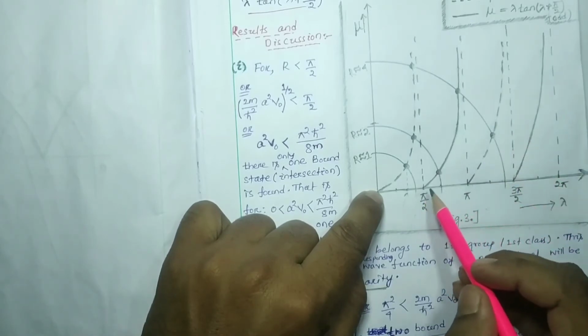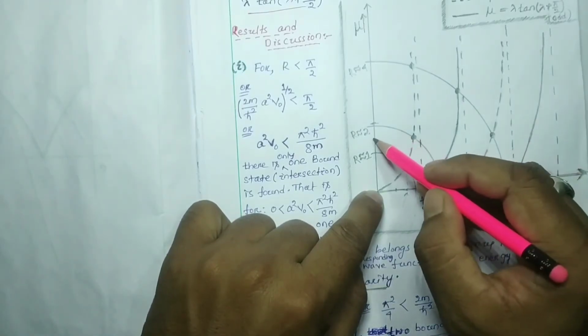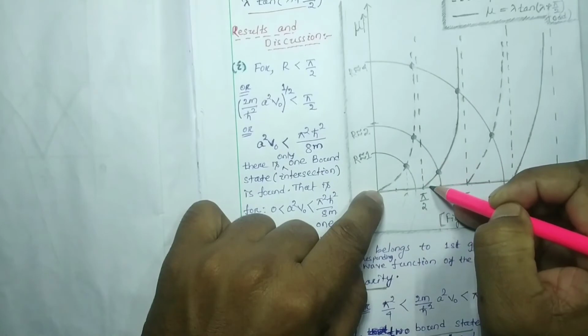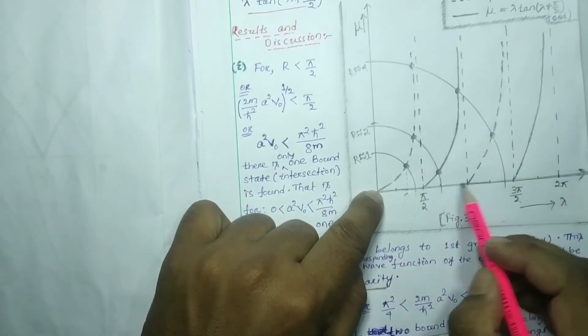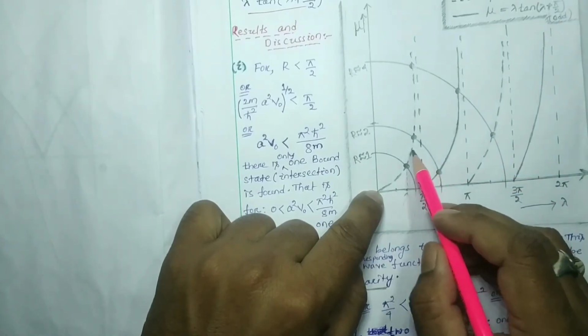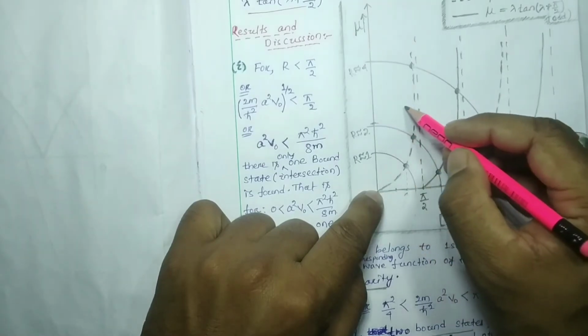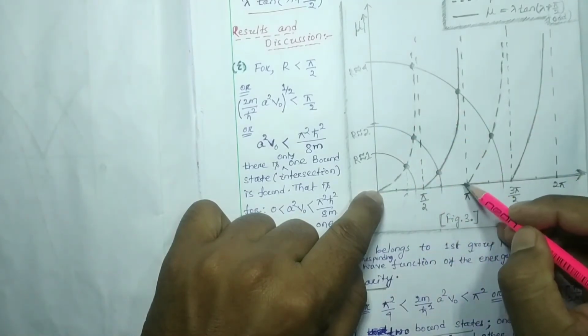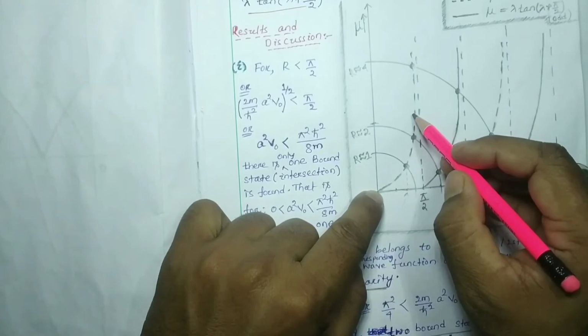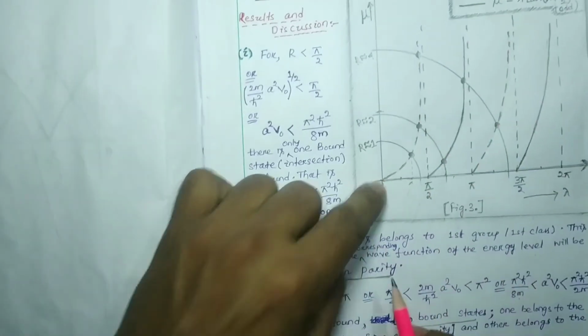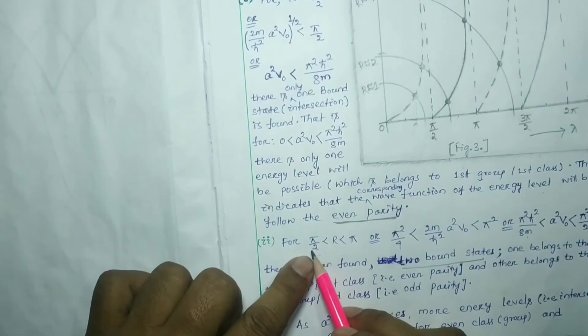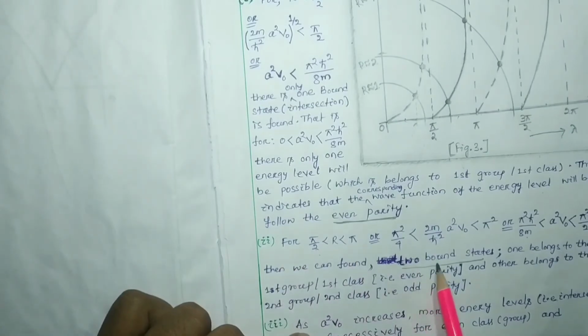You can consider any radius. See, here this radius is also less than pi, and we also get two cuts. Here, with this circle, one cut we find, two cuts we find. So for a radius between pi by 2 and pi, we get two bound states.